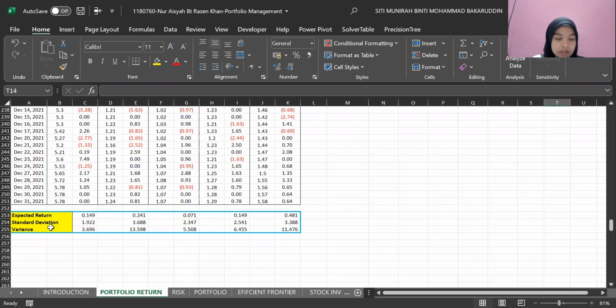And for standard deviation, I get 1.922, and this is considered a good standard deviation, since it is positive, more than 1. And a large standard deviation indicates that there is a lot of variance in the observed data around the mean.